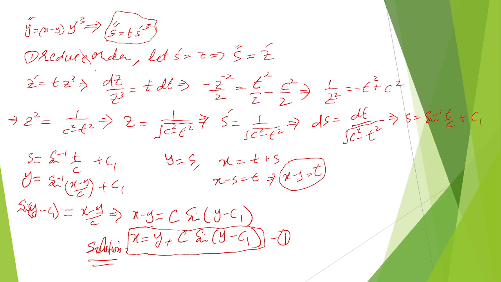Two things are fulfilled, but one remains. This is not linear. I need the linear form. So in the previous case, I took s as dependent, but this is not linear. I am interested in the linearization of this equation. So now I want to take t as dependent and s as independent.